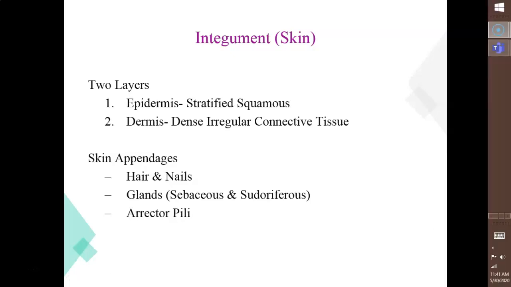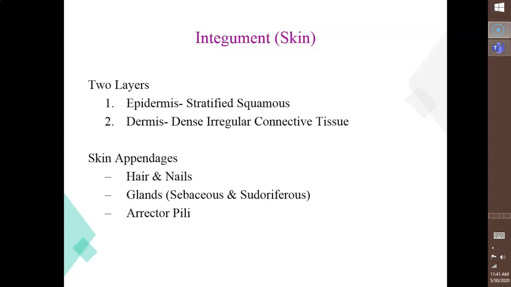So the skin is the integument. It's the largest organ of the integumentary system. The integumentary system includes the skin, which has two layers: the outermost epidermis, which is made of stratified squamous epithelial cells, and the deeper dermis, which is dense, irregular connective tissue.